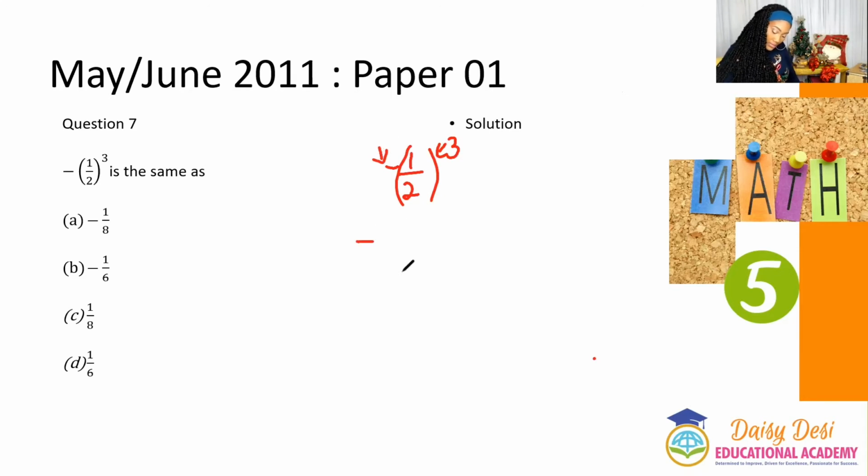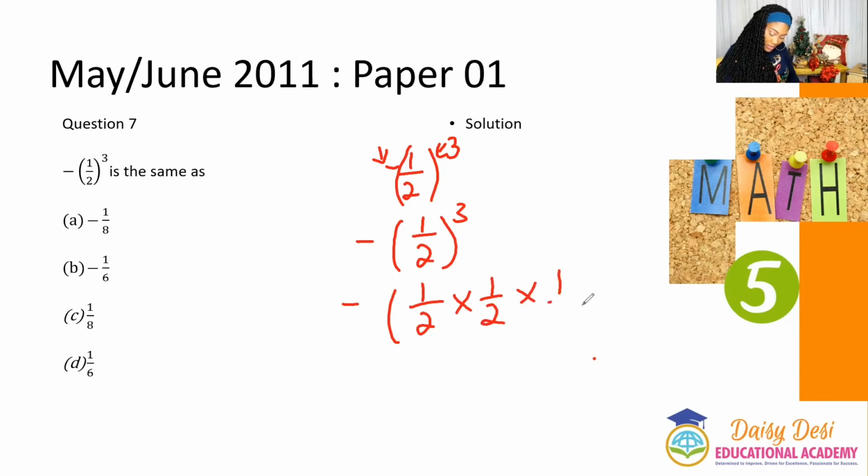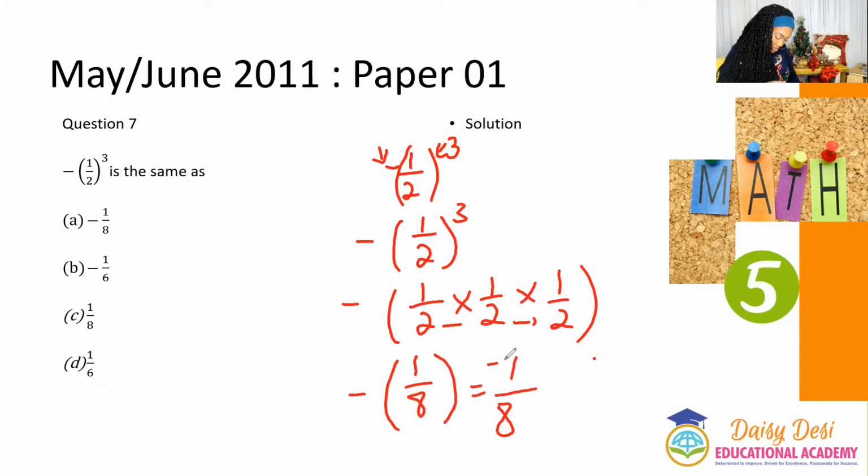So that means you have negative, let me write it clearer, a half cubed. So that's a half multiplied by itself 3 times. So that's 2 2s are 4, 4 2s are 8, right? Negative 1 over 8, which is E.